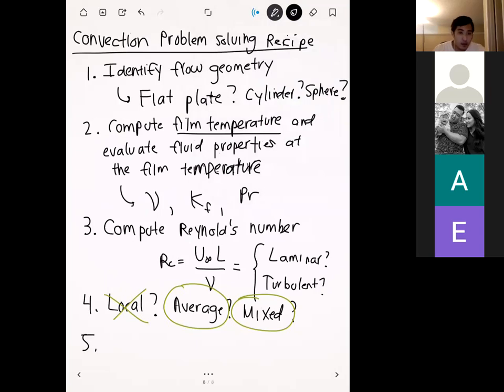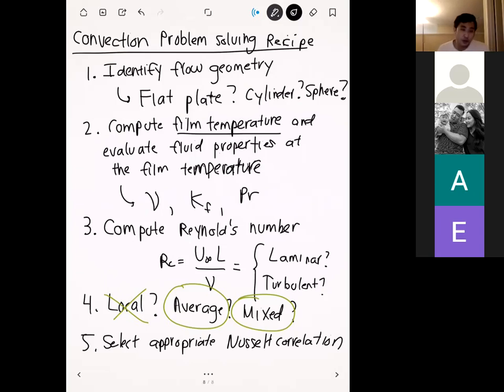Okay. And so once you're done with that, then we're at step 5. Now that we've taken all of these things into account, we know the flow geometry, we know the Reynolds number, we know whether we want an average or a mixed case. Now you just have to select the appropriate Nusselt correlation.